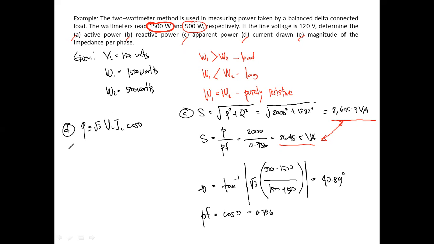Power is equal to 2000 watts, square root of 3, you have the 120, IL is unknown, and then 0.756. So IL would be 12.73. This would be the current drawn.